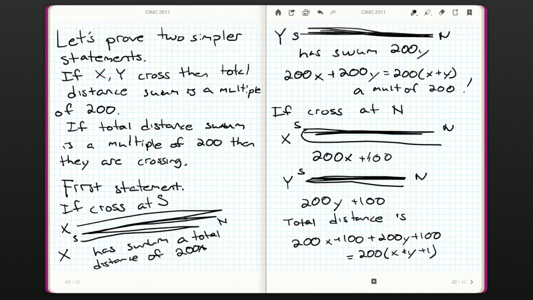Alright, those were the easy ones. Those were multiples of 200, but they're the easy ones. Now we have to figure out what it looks like when they cross just at any old point.